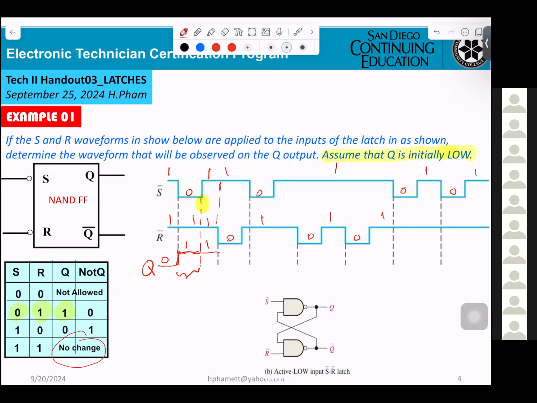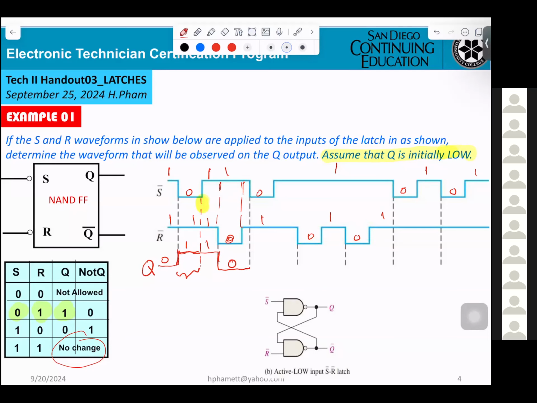And if you're talking about the next one, you get 1 and 0. So Q would be 0. If we're including S, then it would be 0. Perfect.